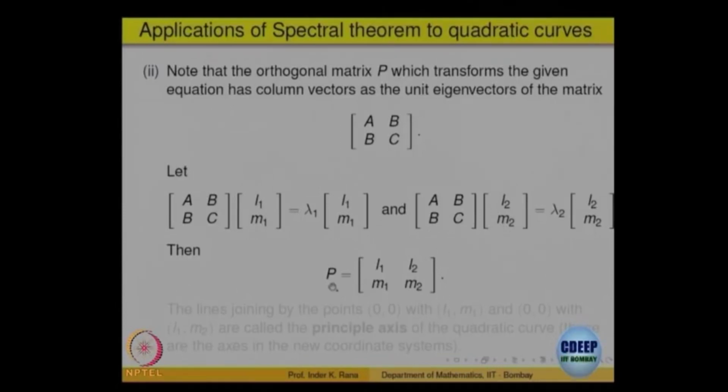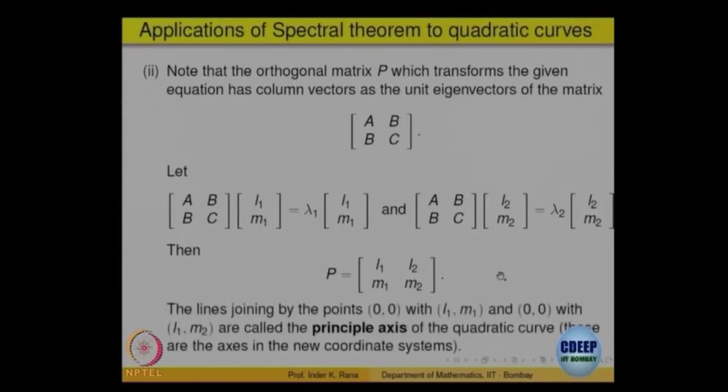So, your matrix P is going to be this, which is going to give you rotation. And what are these L1 M1? If you join L1 M1, that is what is going to give you one coordinate axis, and the other one is joining L2 M2, because they are orthogonal.